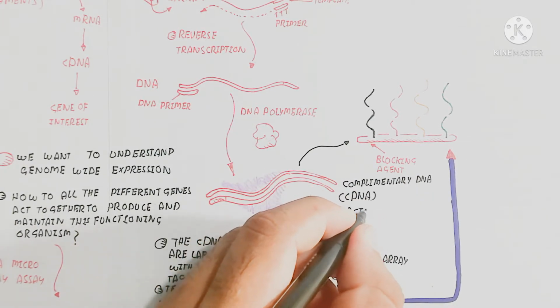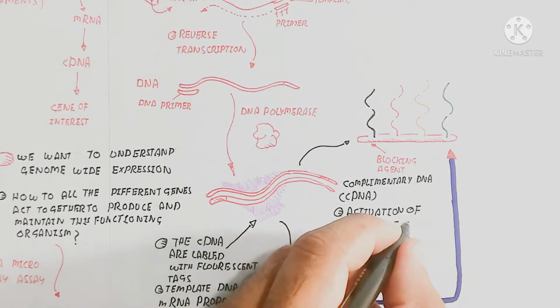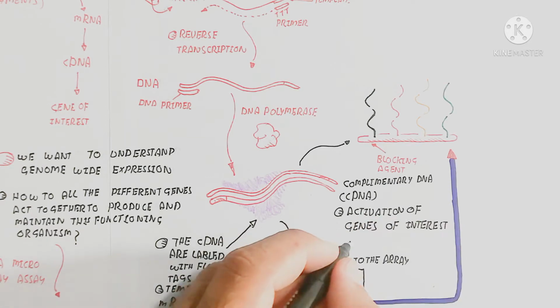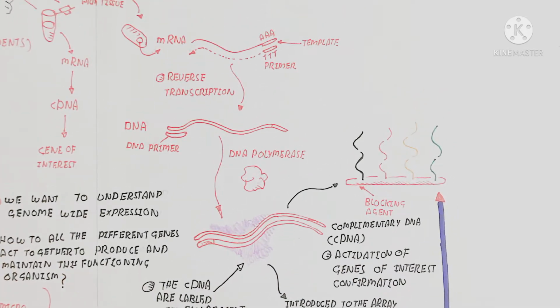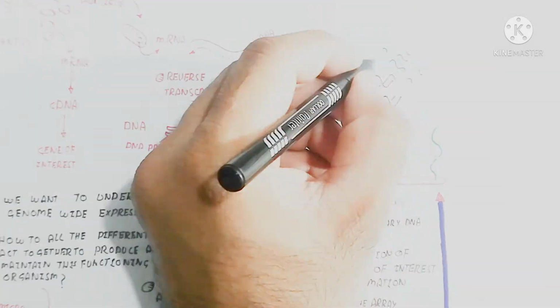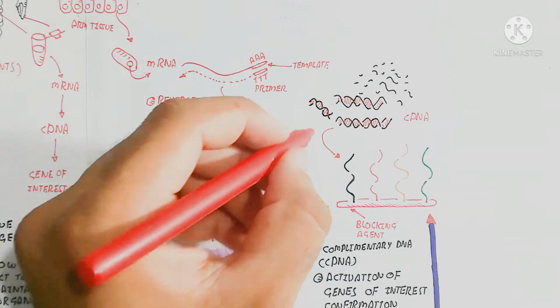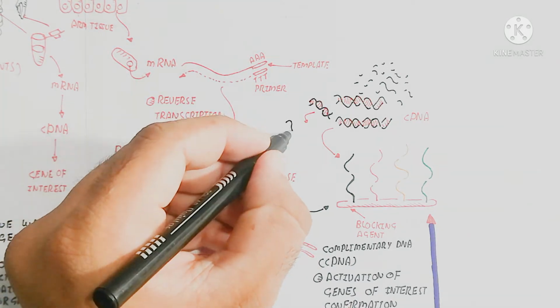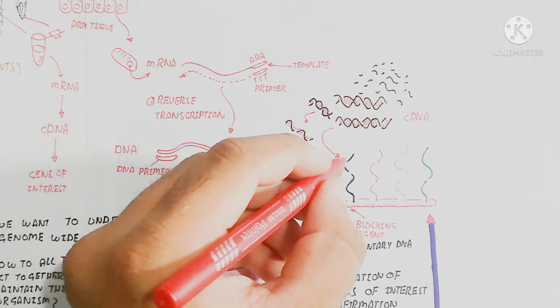So this messenger RNA will bind in this mechanism. Here is the messenger RNA which we are taking, and we are putting it in the grid. So hybridization with probe is what we are doing in this mechanism.